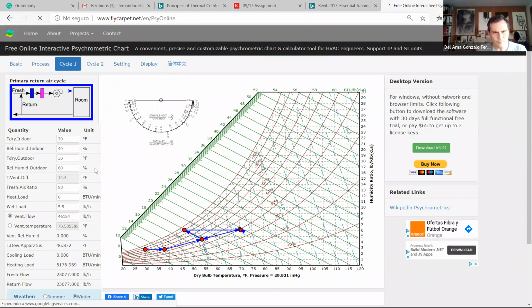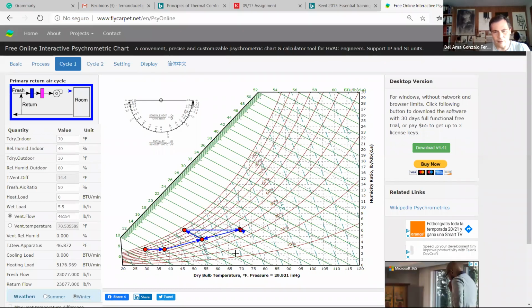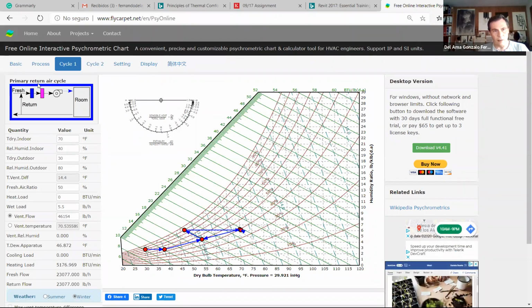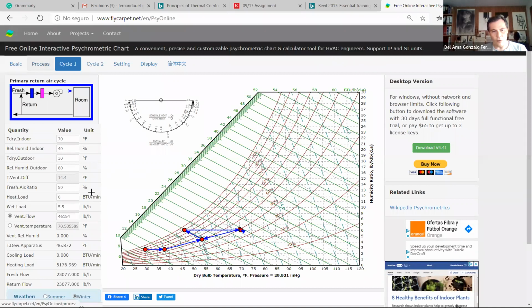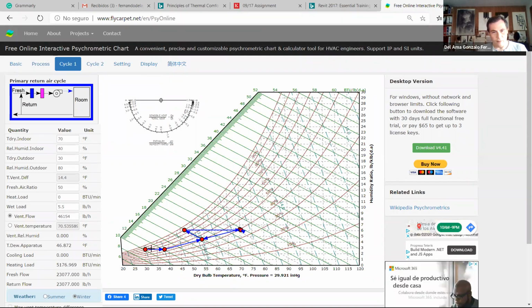Okay. Well, as you can see here, we have something more complicated. When we select process, we go from point 1 to point 2. Here, we go from point 1 to point 2, but by mixing up airs, by heating. When we move horizontally towards the right, that means that we are heating up the air.